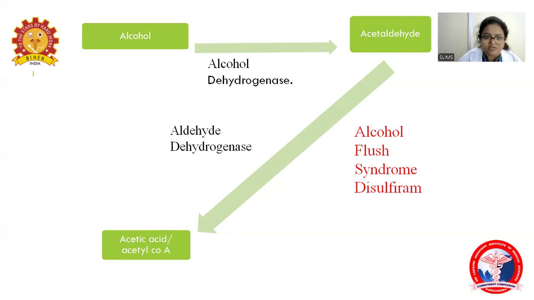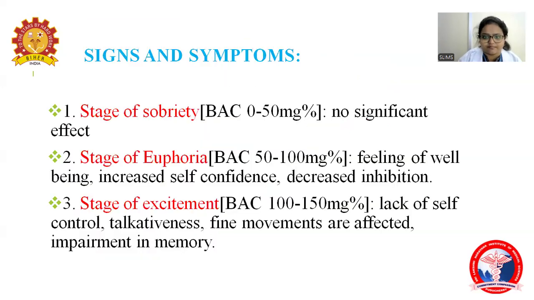The deficiency of aldehyde dehydrogenase enzyme causes a condition called alcohol flush syndrome, which causes accumulation of more acetaldehyde in the body, which causes flushing of the face, redness and swelling of the face, which can be treated by disulfiram.